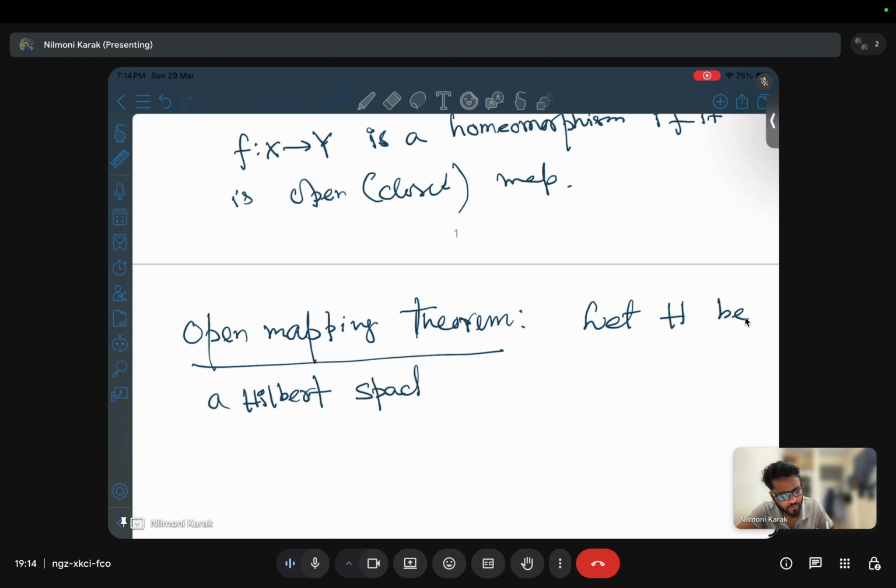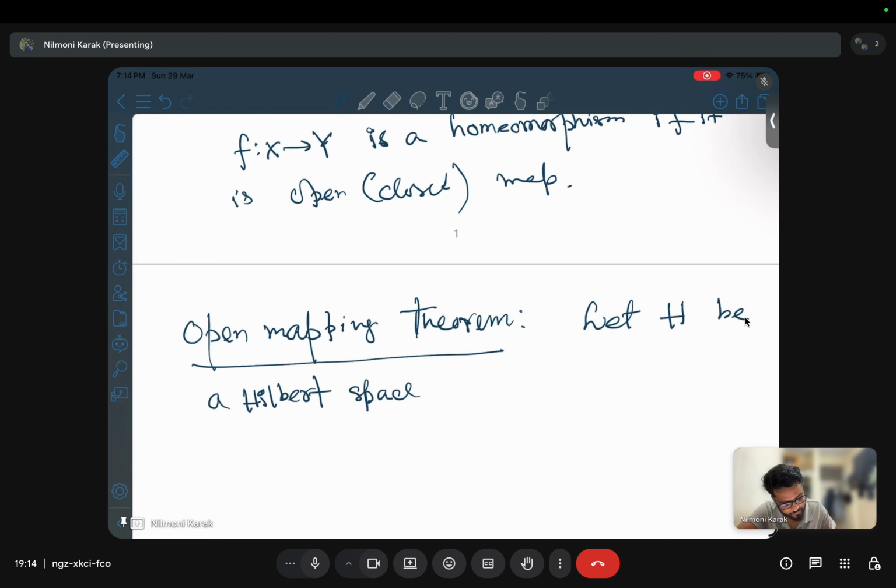In general, we can state the open mapping theorem for any normed linear space, but here we specifically study it for Hilbert space, right?